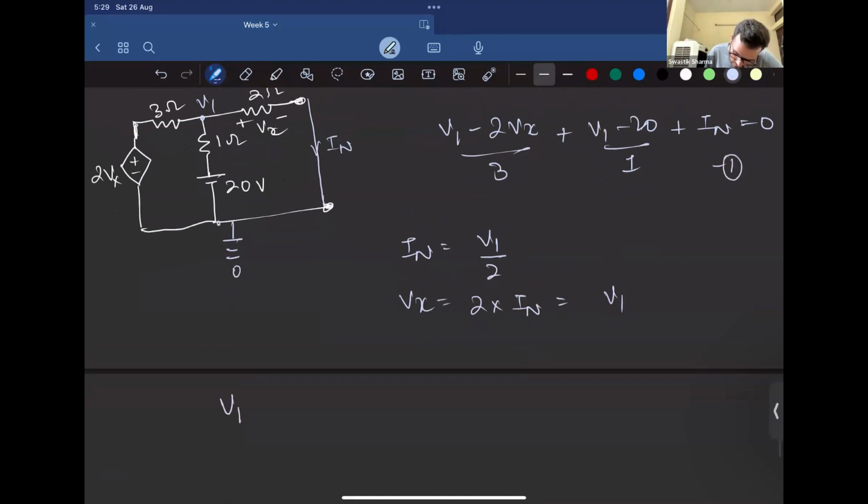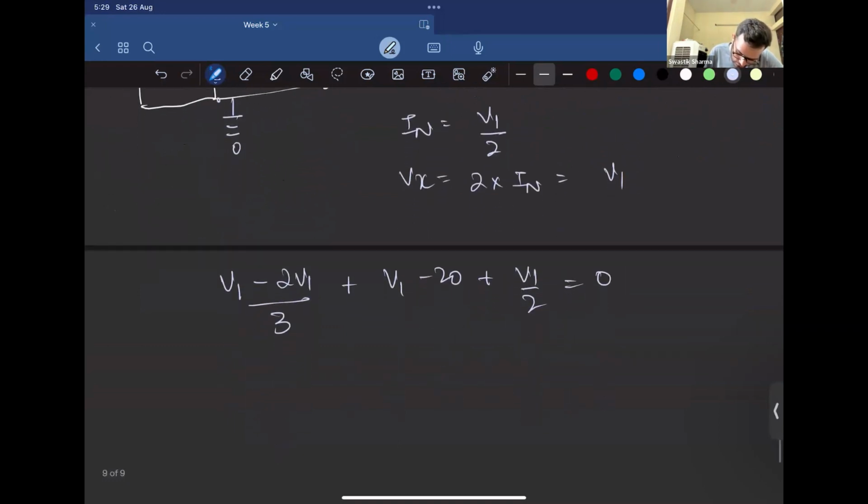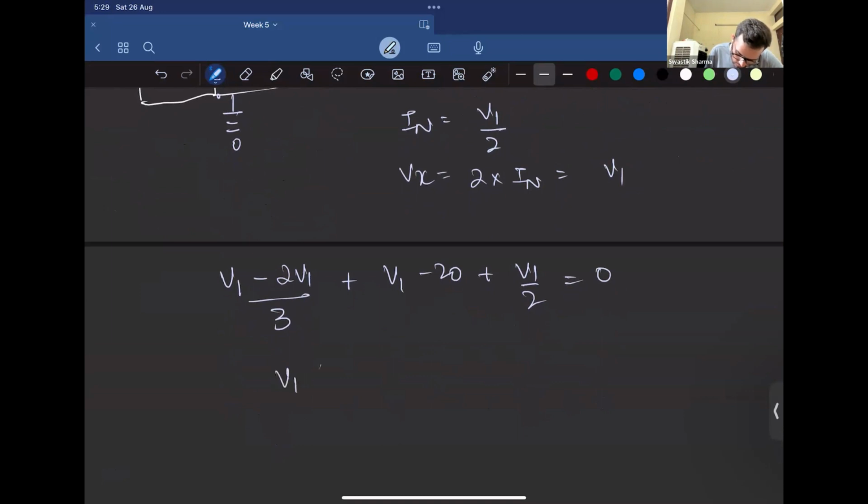So this would become V1 minus 2Vx, which is 2V1 by 3, plus V1 minus 20, plus V1 by 2 equal to 0. This would come out to be V1 times (1 plus 1 by 2 minus 1 by 3) equal to 20.